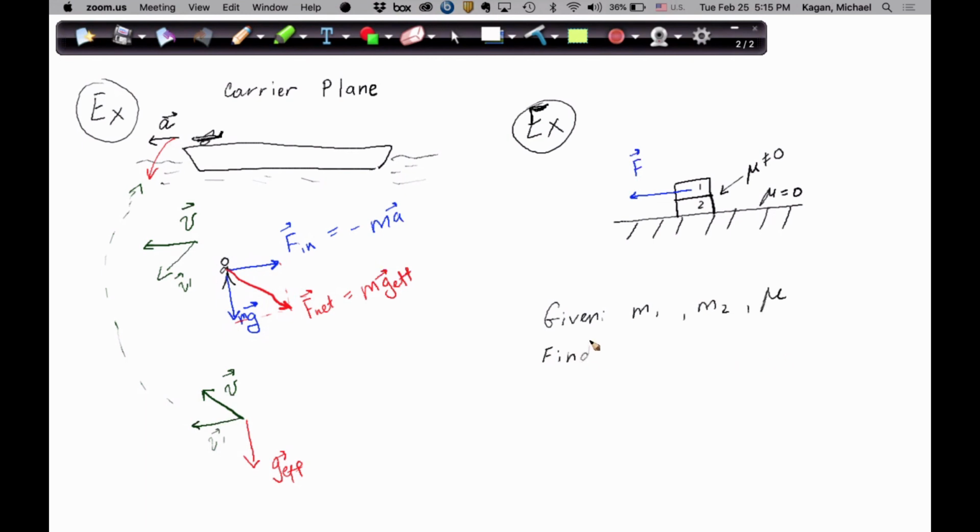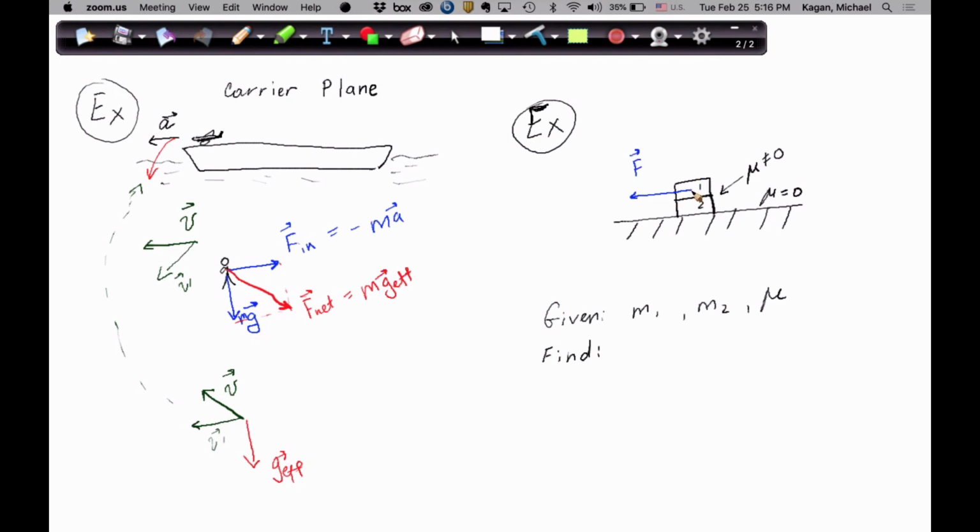Here is what you need to find. Imagine this: if you apply a very little force, what do you think will happen? Yeah, they will move together, right? They would not move with respect to each other. They would just slide as a whole. Now, let's take the opposite extreme.